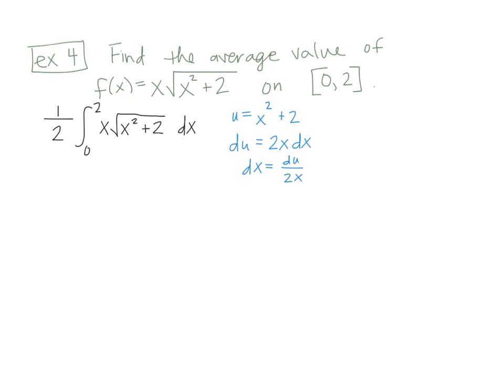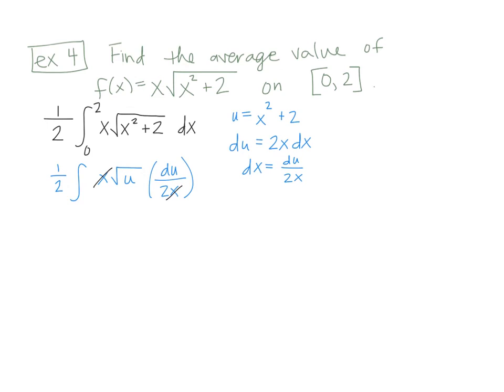All right, let's plug that stuff in. So we'll have 1/2. And then I'm going to start to get stuff in terms of u here, so I'm going to wait to write my limits of integration. So I have x, and then I have the square root of u, since I replaced it. And then dx is du over 2x. So what happens is our x's will cancel, right?